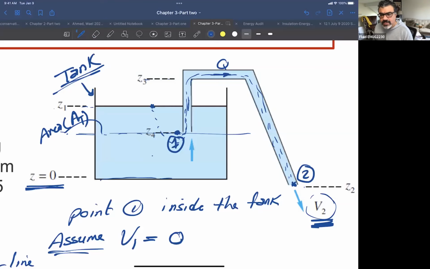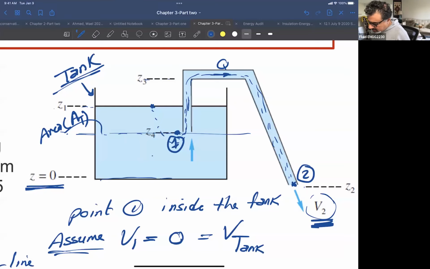And because the area of the tank is really huge, massive, you can assume the velocity in any stagnant tank or reservoir or a lake, right? Even though there is some velocity, this velocity is very small. So I can consider this V1 to be 0 with a very reasonable assumption, okay? This is the most important thing here. So V1 is equal to V of the tank, right? And what I mean here, V tank means the velocity of the fluid inside the tank.